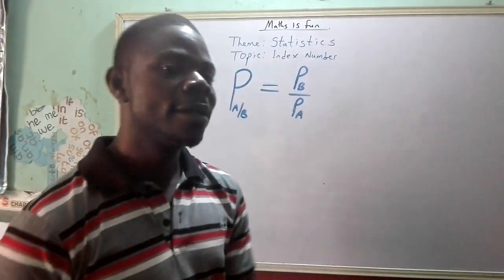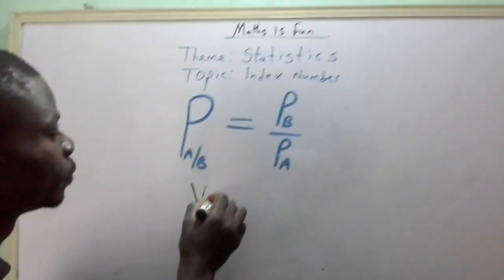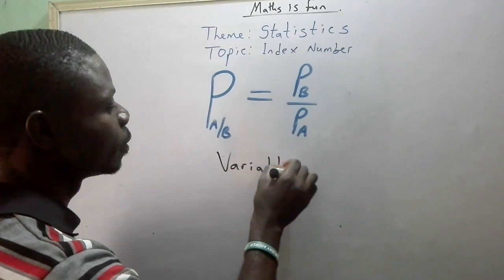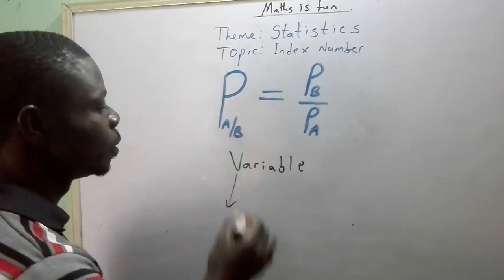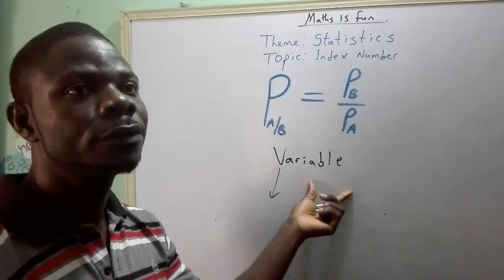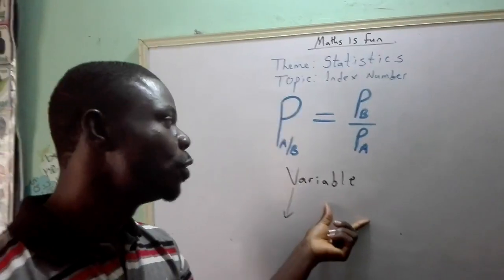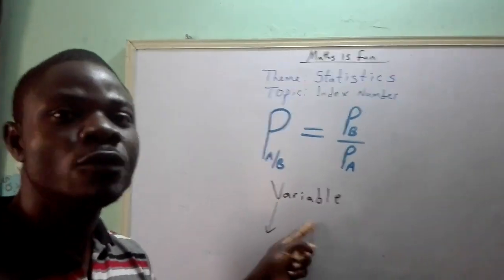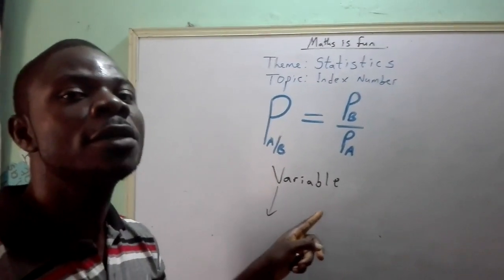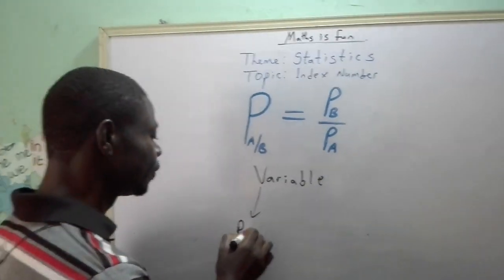Now, under my definition, I made mention of variable. These variables can be related with respect to its value, price, and quantity. So when it is related with respect to its price, we call it price indices.